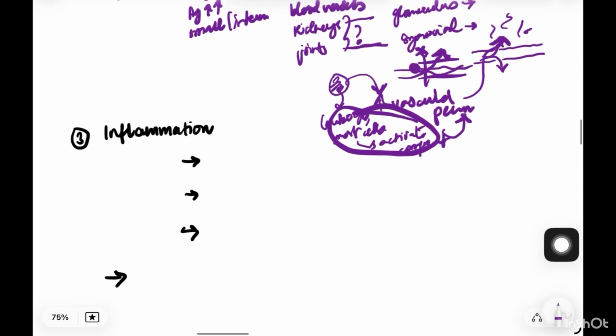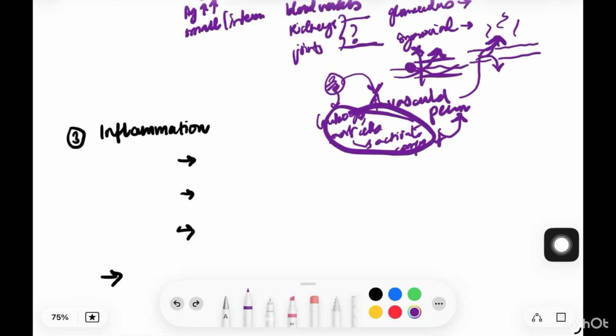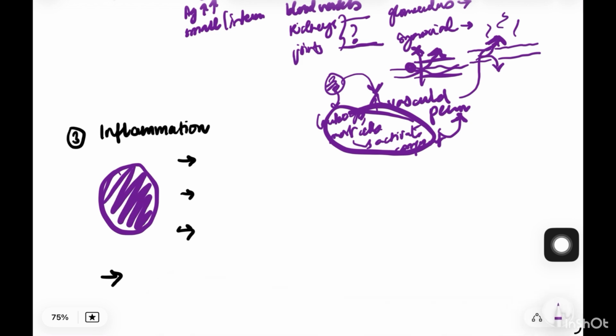So the next thing that happens is inflammation. So the way the immune complex does that is, firstly, as we discussed, it activates complement. And as the complement is activated, the cascade reaction happens. Your C3a and C5a, which are anaphylatoxins, are produced. And these anaphylatoxins act as chemotactic agents and activate more inflammatory cells.